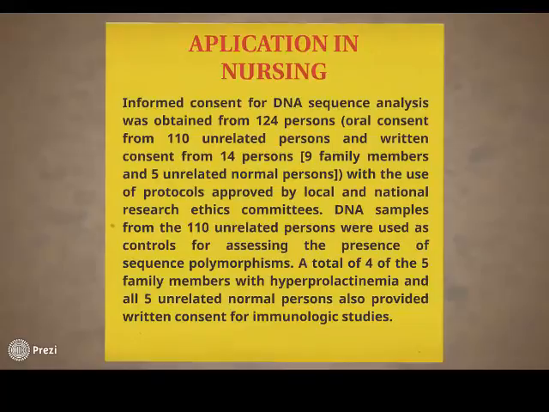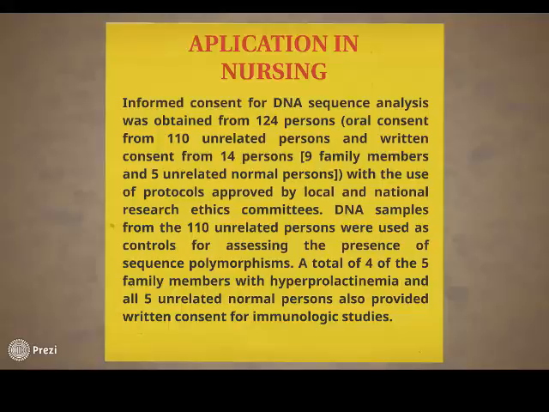Informed consent for DNA sequence analysis was obtained for 124 persons: oral consent for 110 unrelated persons, and written consent for 14 persons, 9 family members and 5 unrelated normal persons, with the use of protocol approved by local and national research ethics committees.